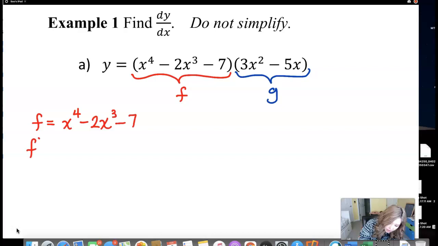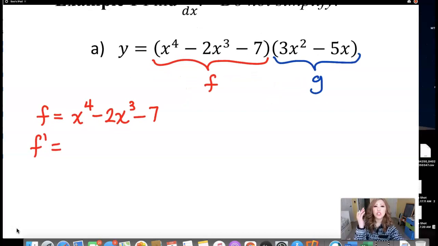Later, on the line below, I will find the derivative of this, okay? We just learned the power rule, so I want to go slow, but assuming that you already worked on that 1.4 homework, you know how to take the derivative of this. So bring down the 4, so you get 4x to what power?